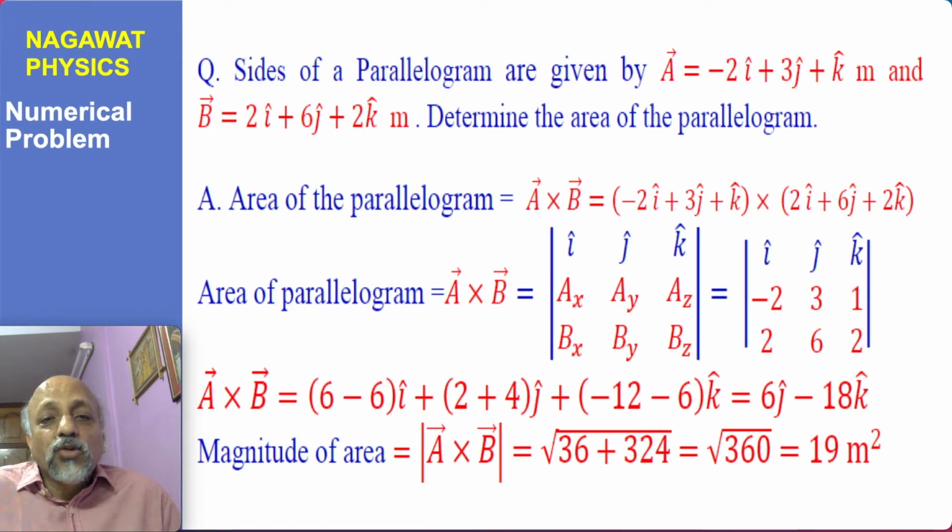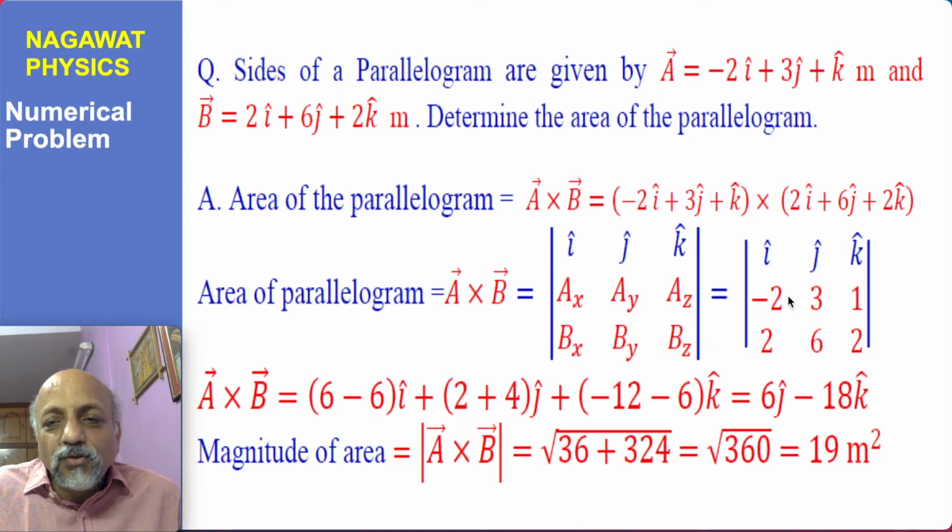Now to do the numerical problem, here the two vectors A and B are given, and you have to determine the area of the parallelogram. So the same determinant approach I am using. I have substituted the values of A and B here. The x component of A is -2, y component is 3, z component is 1, as clear from the example.